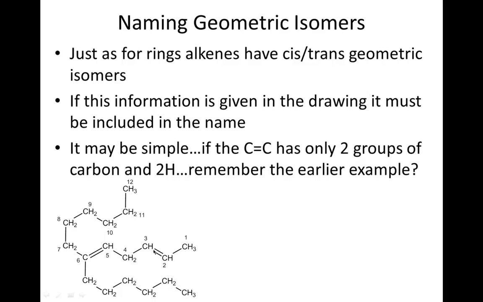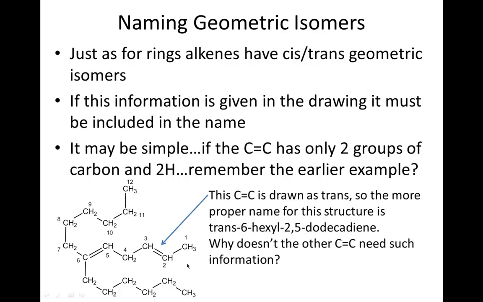So now I do need to talk about the geometry of that one. It's drawn as trans, and so if I put a trans out here in front, then that's a better name for that molecule. And anytime you have a double bond either at the end of a chain, or if it's got the same things on the same carbon end of the double bond, you don't have to worry about it, but otherwise you do.